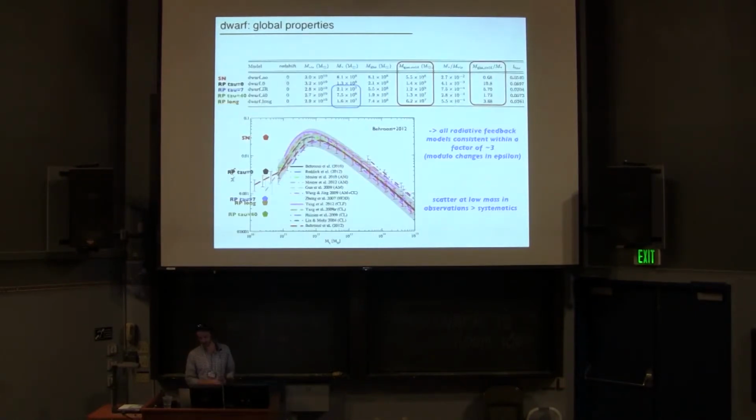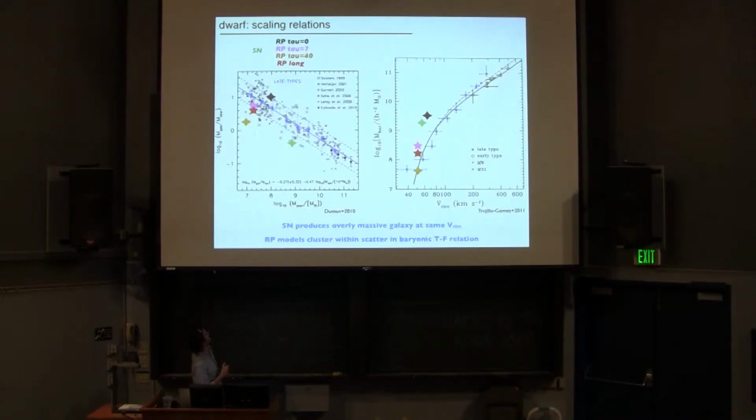The other thing that I want to emphasize here is that the models with only supernova feedback have very low cold gas fractions, and you can see it in this plot over here. This is the cold gas mass over stellar mass compared to observations as a function of stellar mass.